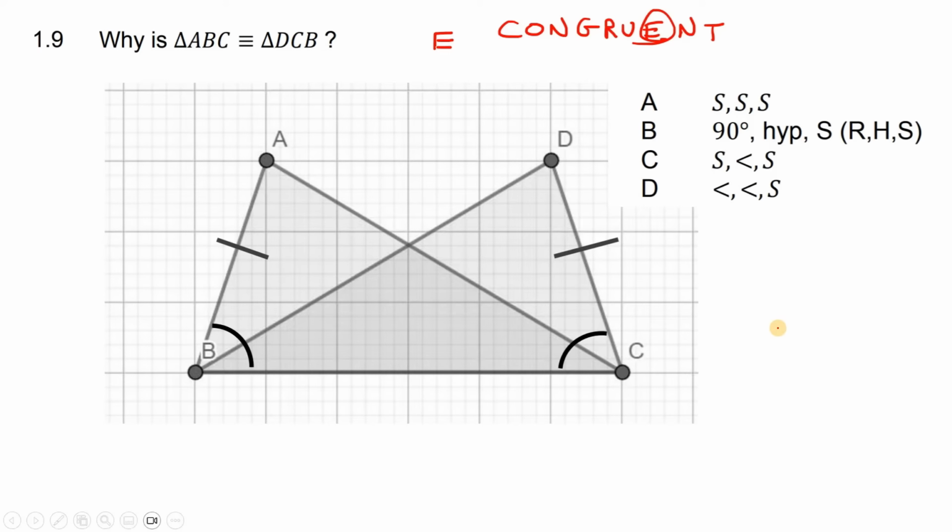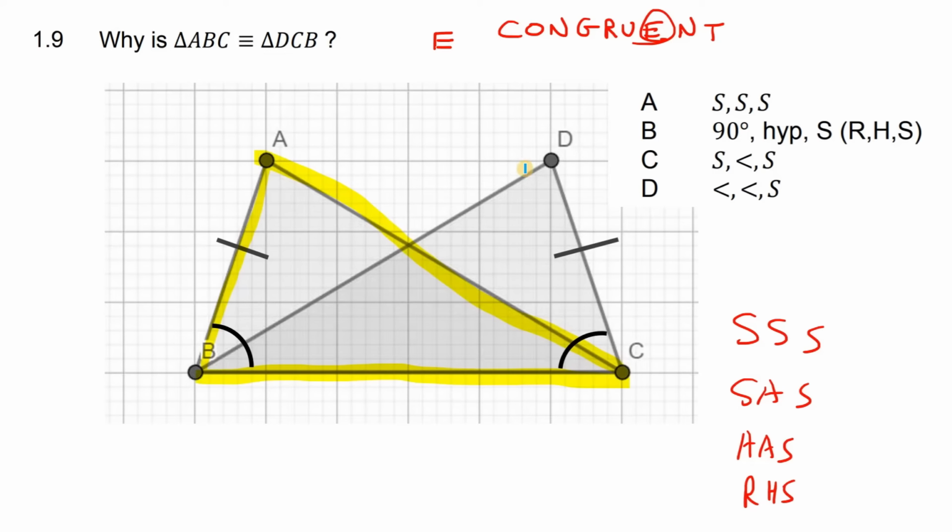Okay, now with congruent, remember we've got different ways for things to be congruent. We've got side, side, side, side, angle, side. We've got like angle, angle, side, for example, and then RHS. So let's go see these 2 triangles. So it is triangle ABC and triangle DCB.